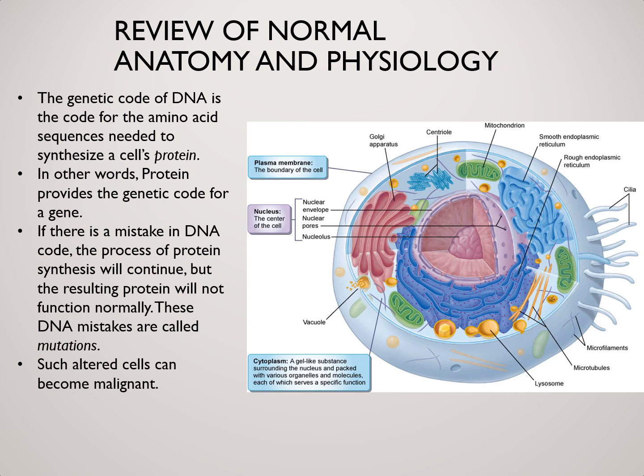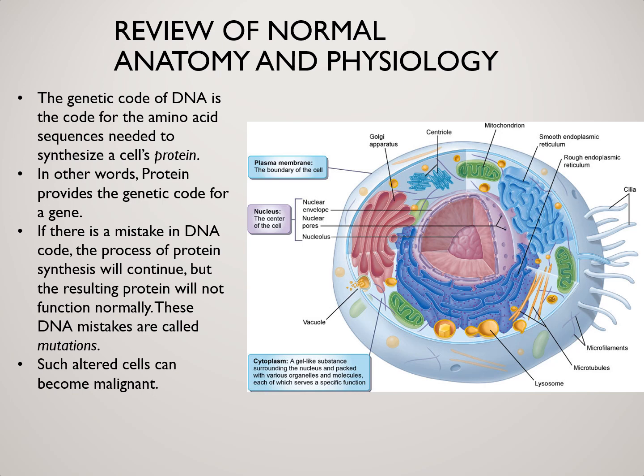The genetic code of DNA is the code for the amino acid sequences needed to synthesize a cell's protein. In other words, the genetic code is like the instructions, the roadmap that tells the cell how to make a specific protein.